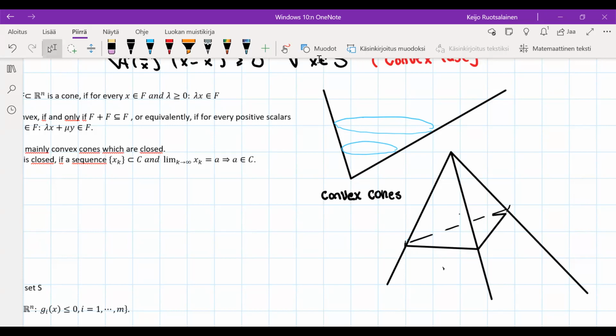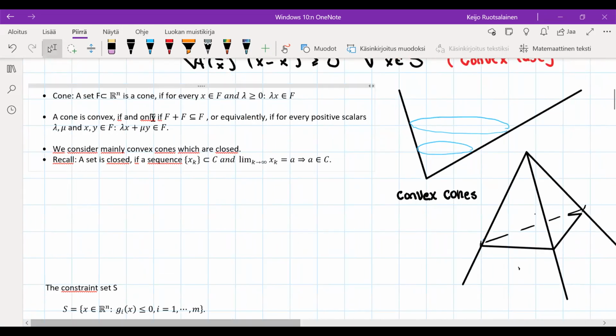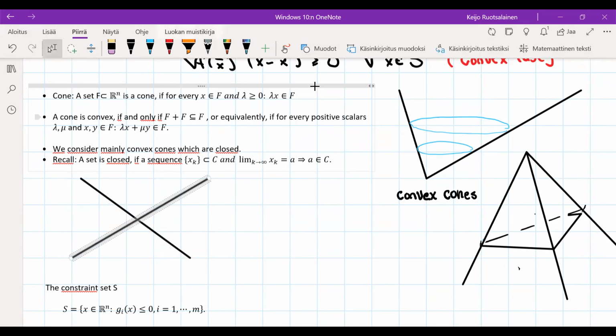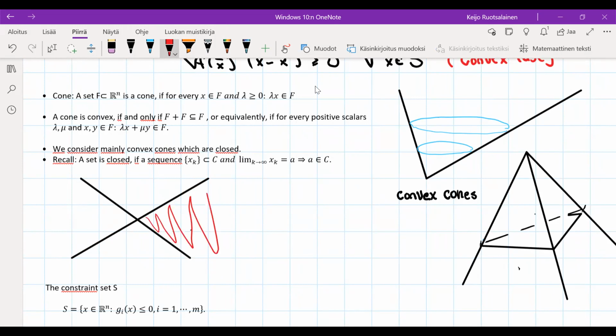So for example, here, so this is a non-convex cone.